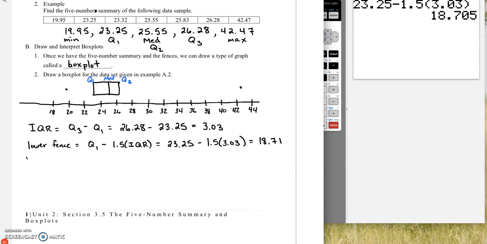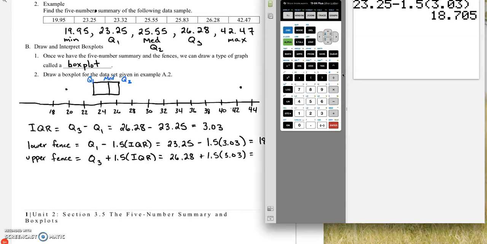Now we need to do the upper fence. So for the upper fence, it's the third quartile plus 1.5 times the IQR. So that is 26.28 plus 1.5 times 3.03. And if we type that in, 26.28 plus 1.5 times 3.03, we get 30.83.